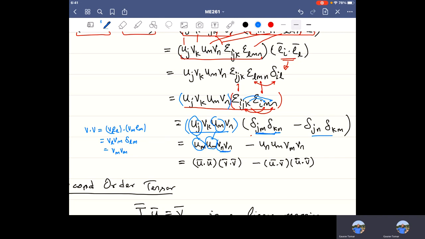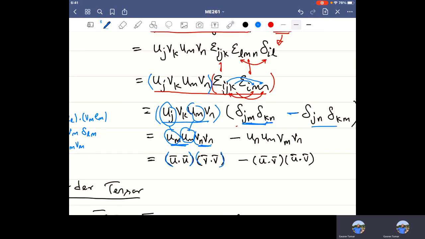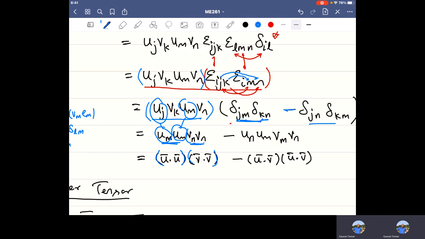We're getting vn vn, and um um, which means this is nothing but u dot u, and this is going to be v dot v. The second term, which is associated with the negative sign here, will be transferring j to n. So wherever you see j, we'll replace it with n. So you have uj, um, and k with m. So vk is written as vm now, and this is vn.